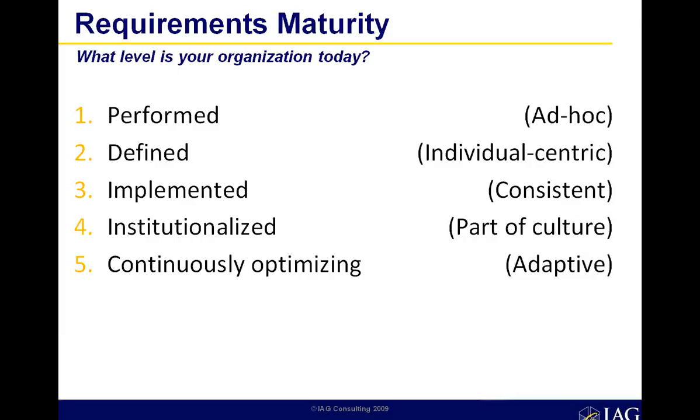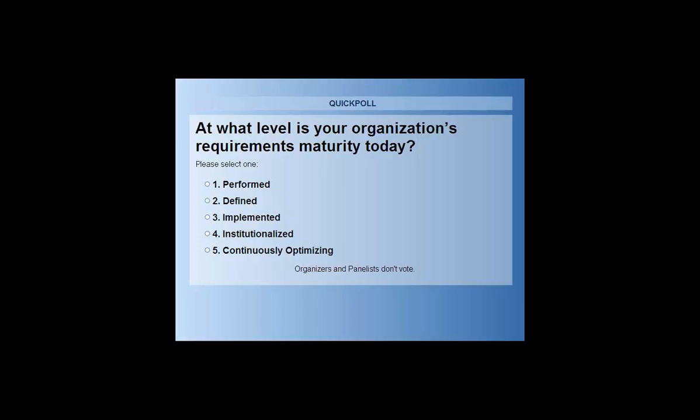So what I want to do is have that poll launched for people, and help me out. I'm going to ask you, which of these five are you most aligned with today? Performed is you're doing requirements on projects. You try to do requirements, but it will tend to be different all the time. Defined is you've actually gone out and defined your processes and your templates, but you're getting a lot of inconsistency in execution from person to person across your organization.